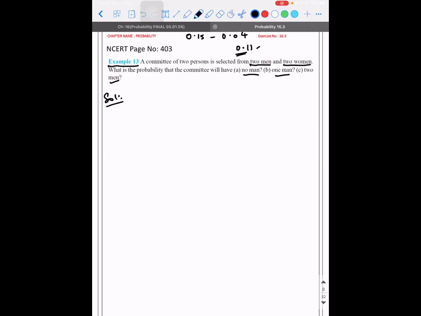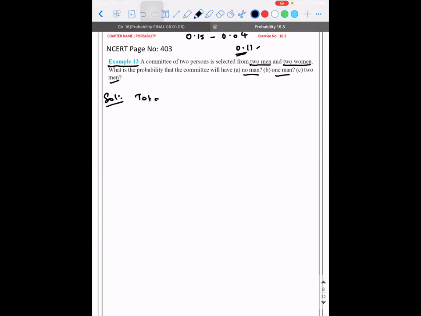Okay. Since you're talking about forming a committee, it is about selection, right? Selection means what will you use? Combination or permutation? Combination. So totally how many people are available? 4. Out of the 4, you need to choose 2.